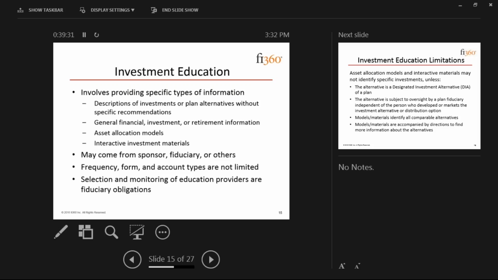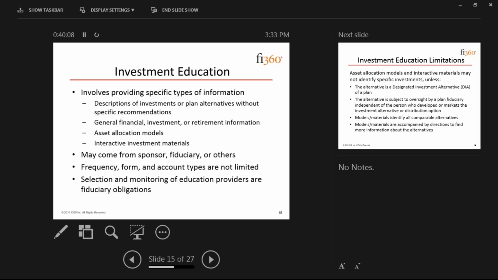That general education would include things like descriptions of the investments or the plan alternatives, again, without specific recommendations, general financial, investment or retirement information, information about asset allocation models, even interactive investment materials, fine, as long as it isn't getting specific. And this education can come from the plan sponsor, from another fiduciary, or others. The frequency, the form that it takes, the account types that are impacted, it doesn't matter.